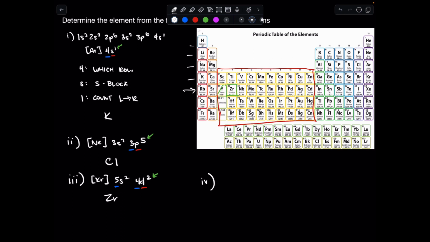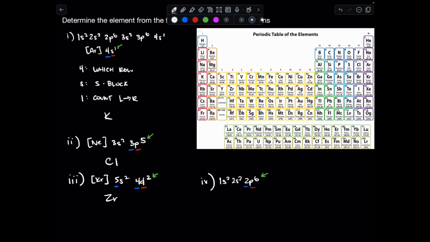Let's do one last example. Let's do example 4. Now this one, we'll do 1s2, 2s2, 2p6. So again, let's apply our same principles that we had before. Let's look at our number 2, our letter p, and our number 6.